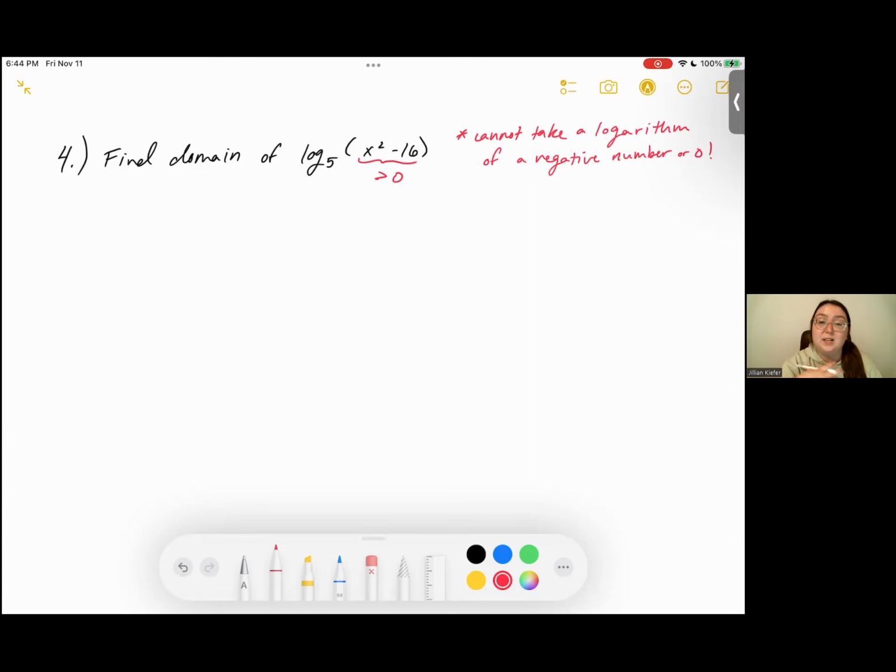You can have log base 100 and we will do this problem the exact same way. You can never take a logarithm of a negative number or 0 for whatever base that you have. So in this case, really what this problem is that we want to know when is x squared minus 16 greater than 0?